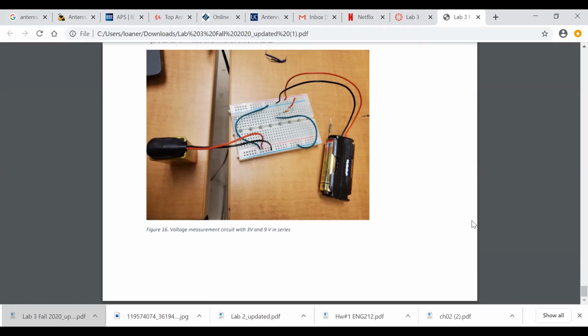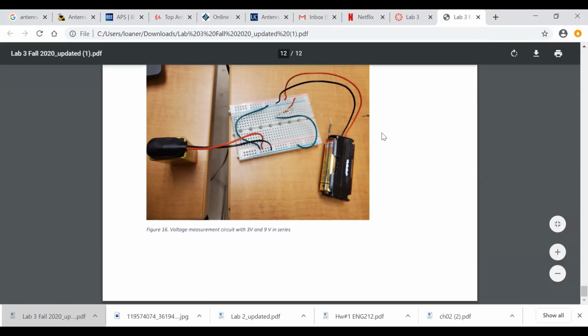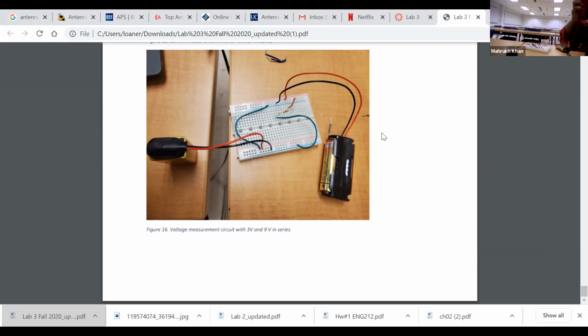Are we supposed to show you our circuits before we connect our battery? Yes, let me check mine first and show you, then I will check one by one, okay? Yes. Okay, let me check my voltage first. So see, I have connected this circuit like that. Can you see that? So it's exactly like figure number 16, okay?